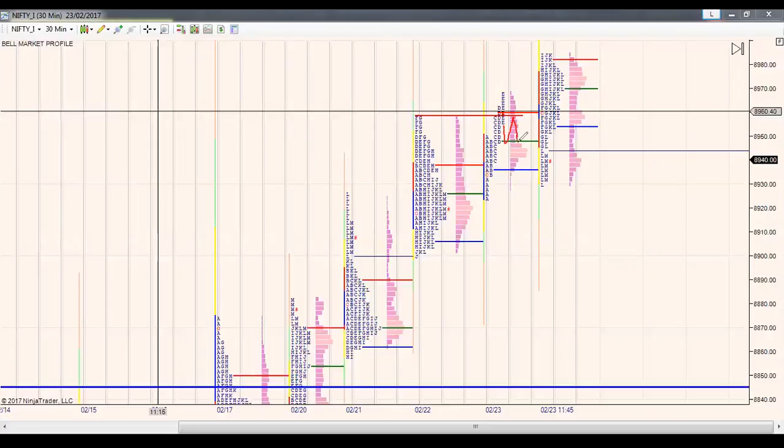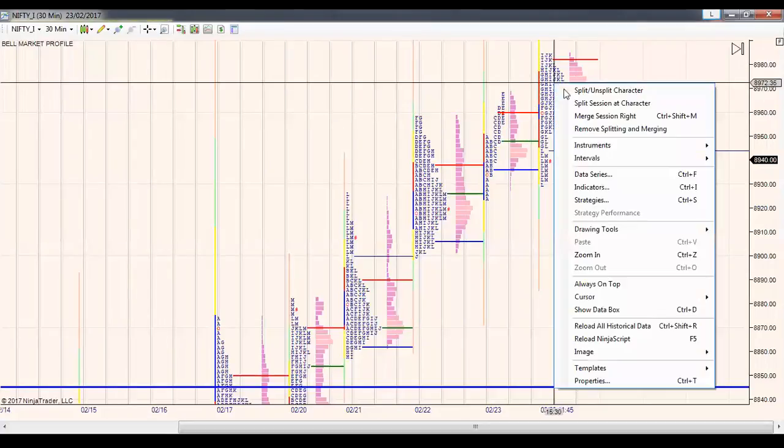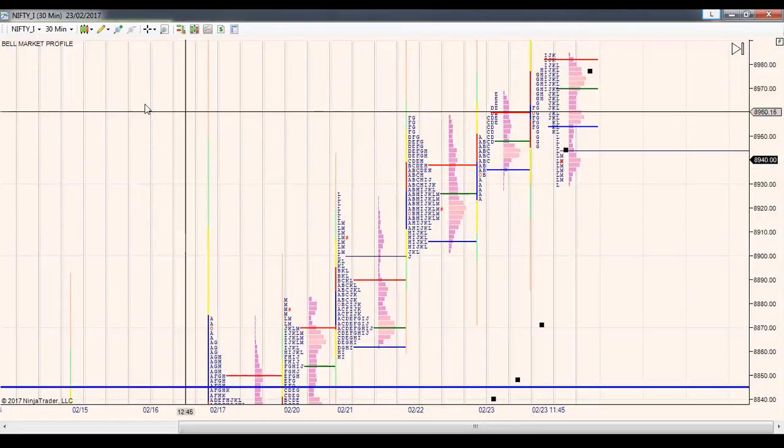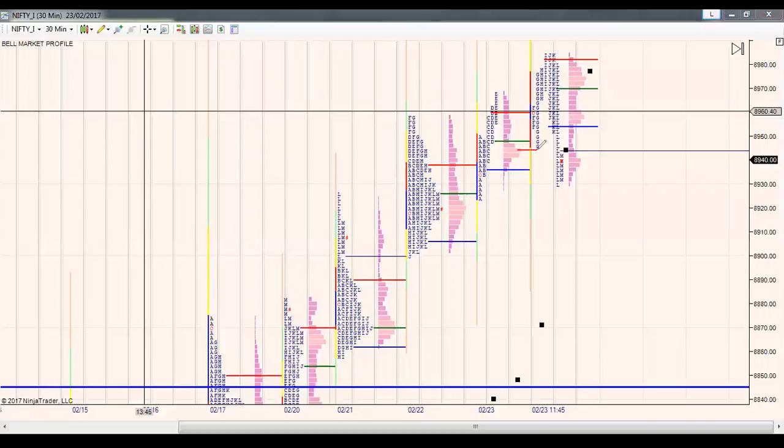So this kind of activity ultimately leads to a nice small balance forming just below an important reference. And when that happens, like after this E period rejection, what we should have seen is immediate taking out of this lower reference, and then continuing the move lower, but that did not happen.